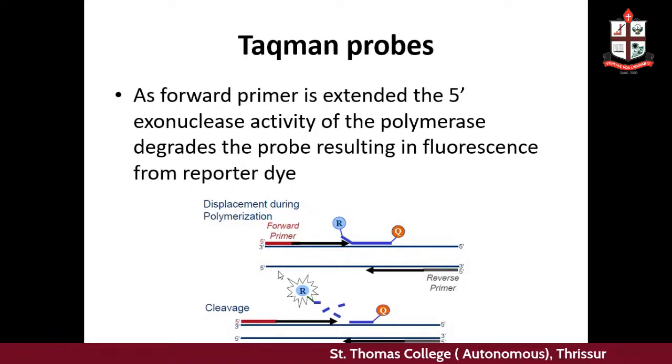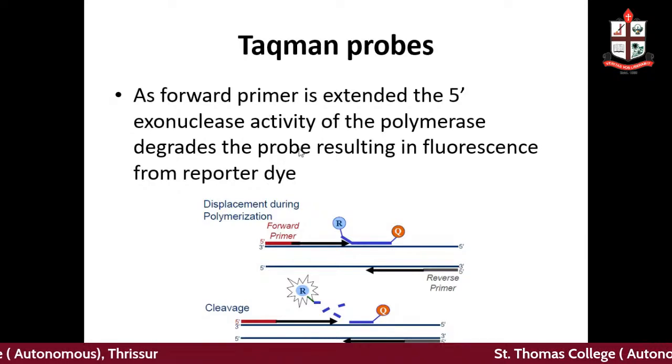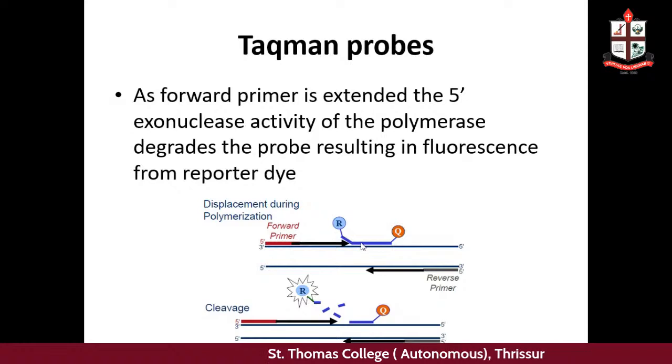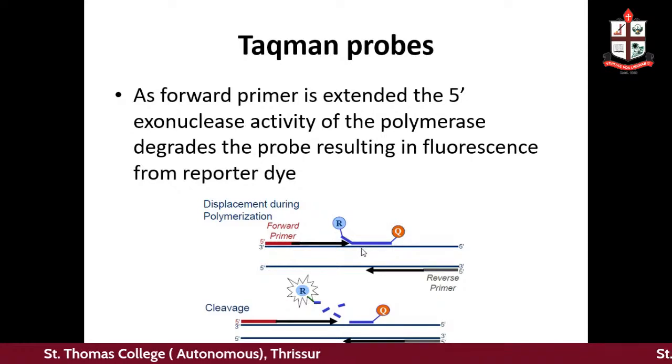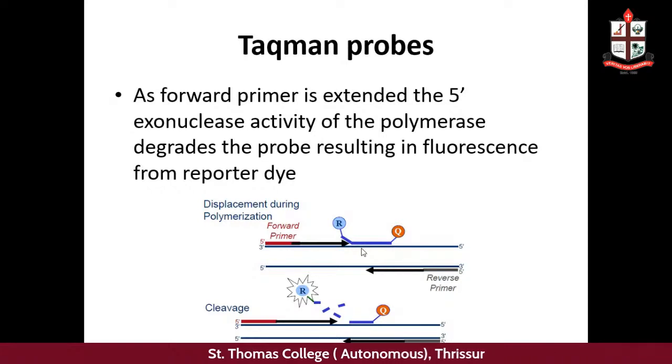The difference from SYBR chemistry is that this is more specific, because the TaqMan probe will be binding to that specific gene. It is of higher length than the primers, so it will be more specific. And so we are measuring the fluorescence only from the probe.